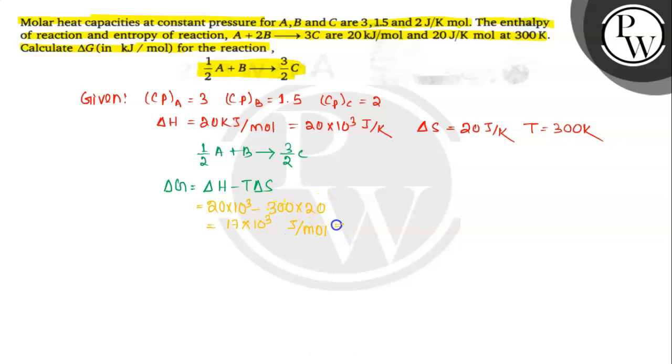Now we can also write it as 17 kilojoule per mole, because in the question we have to find the value of del G in kilojoule per mole. So the value of del G will be equal to 17 kilojoule per mole.